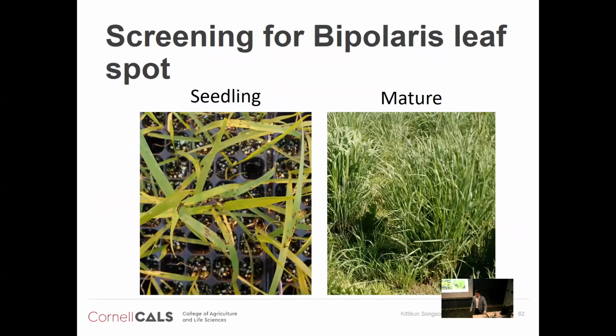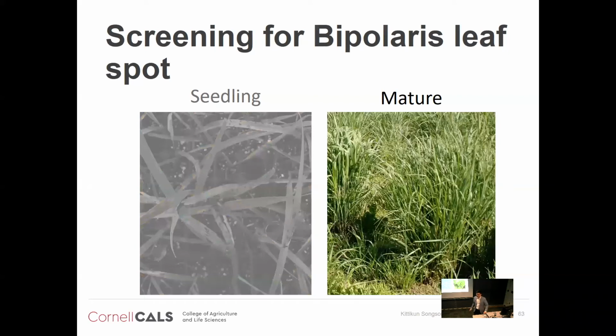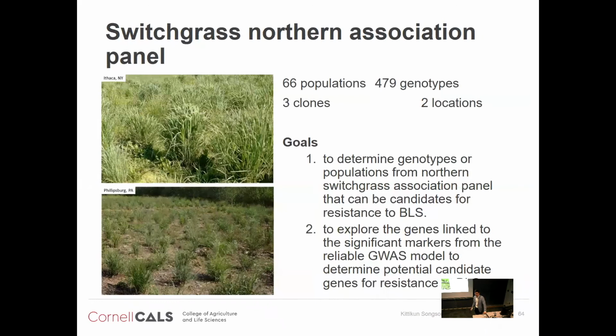So I went back to the first step, where I would not be working with the seedlings anymore. I worked with the mature plants, which I had a chance to evaluate and which were already genotyped.